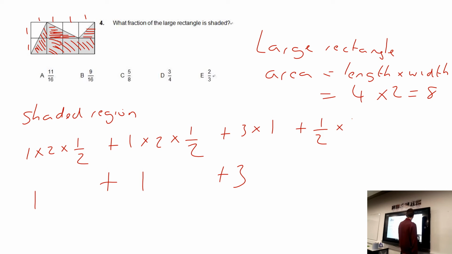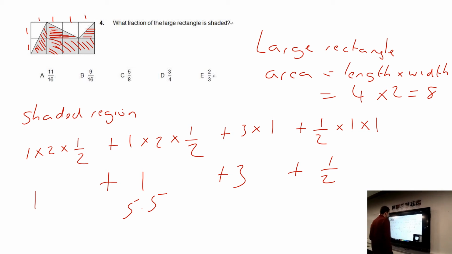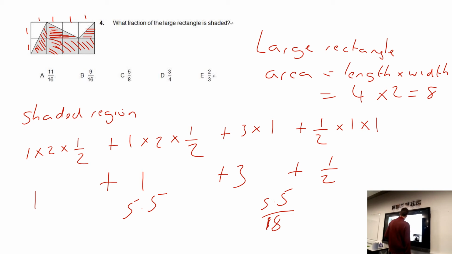Base is 1, height is 1, so this is going to be a half. So let's work out the entire value: 5 plus a half, so 5.5. So the fraction is 5.5 over 8.